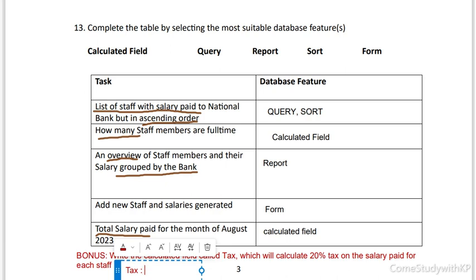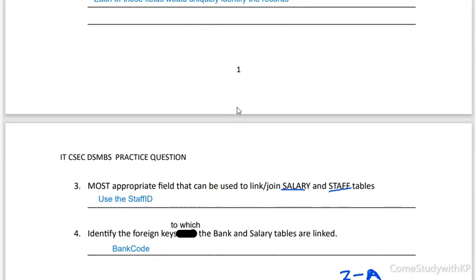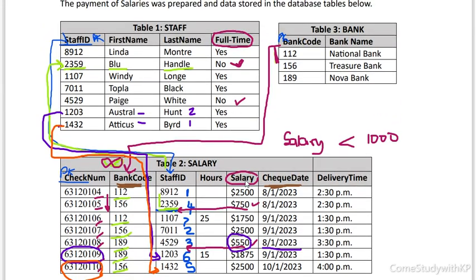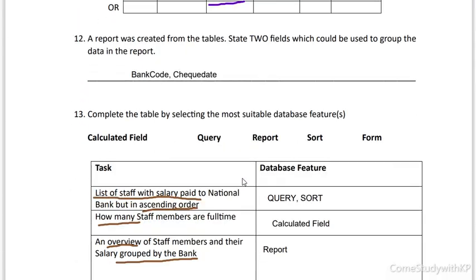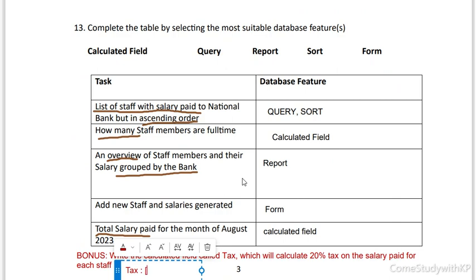Tax. And what are we going to use? We're going to use the salary column from the, not this, the salary column from the salary table, right? Salary. So we use square brackets once we're using a column from the table, salary.